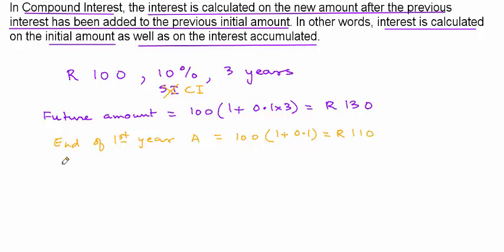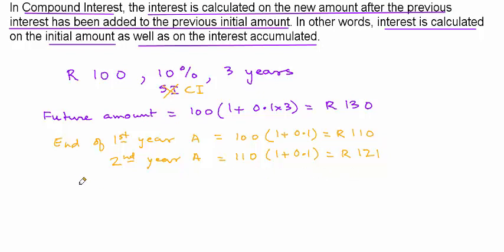Now when we want to find out the amount at the end of the second year, this is no longer going to be 110 because we calculate it based on the amount for the previous year. The previous interest has been added to the initial amount. So this is going to be 110 times 1 plus 0.1, which is going to be 121 this time.